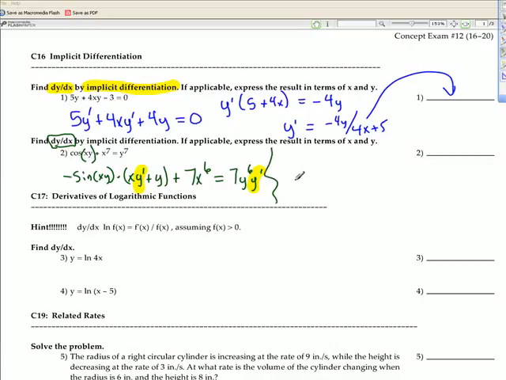So I've got xy prime, it's actually negative because I'm multiplying negative sine xy times xy prime, times the sine of xy minus, distribute that all the way to the y sine of xy. I still should have a plus there. I'm going to run out of space on the screen here. I can see that coming. That's plus the 7x to the 6th is still here, and that's going to equal the 7y to the 6th y prime.